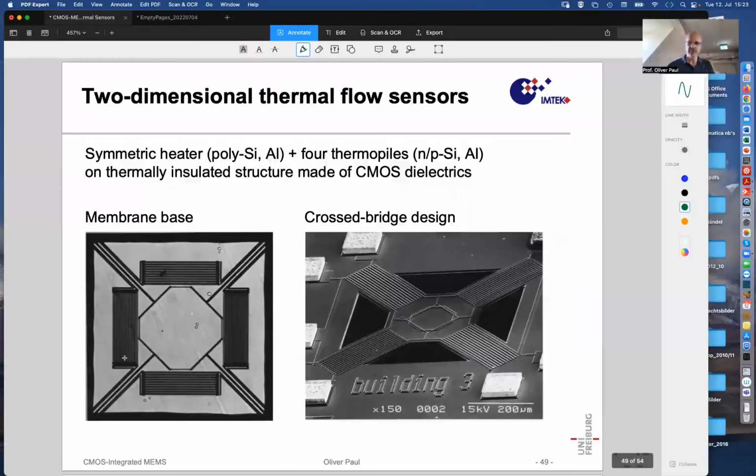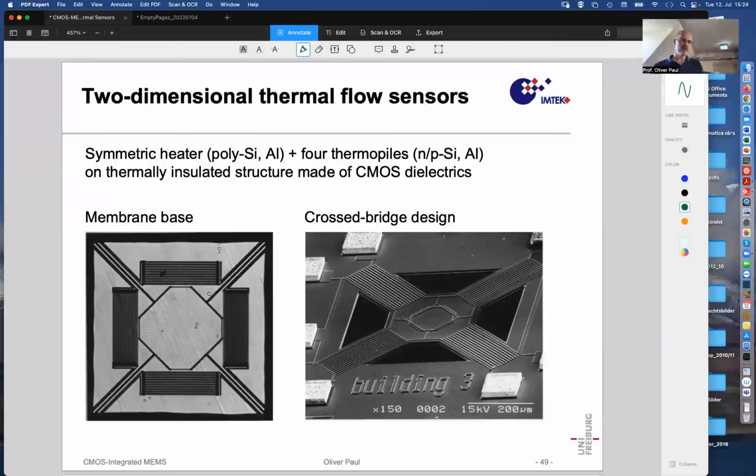So we see in more detail here. Here's a membrane version of such a sensor. It is heated in the center, and then it has 4 integrated thermopiles on its surface, each of which is read out. Now you can imagine that if the wind blows from bottom to top, what will happen?